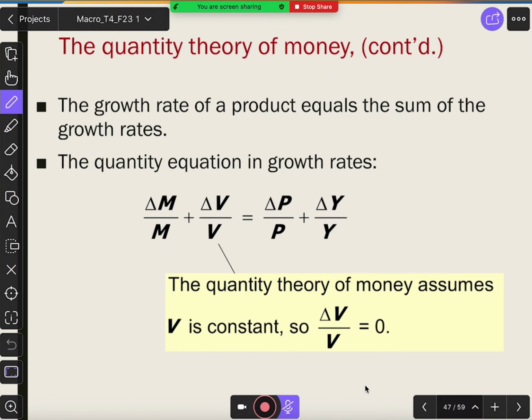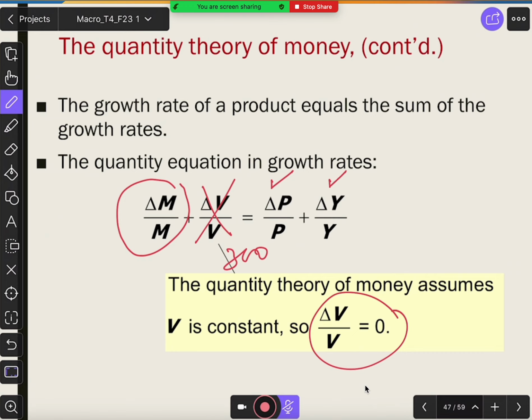Okay, so if we take the log of the left and the right, or if you want to write it in terms of percentages, then the percentage change in the money supply is equal to, this is 0, no change in velocity, the percentage change in prices plus the percentage change in income.